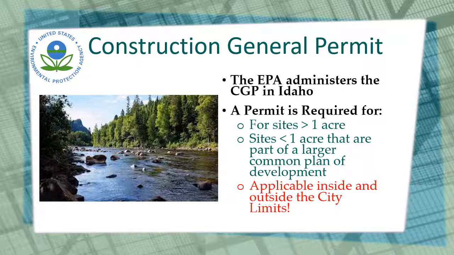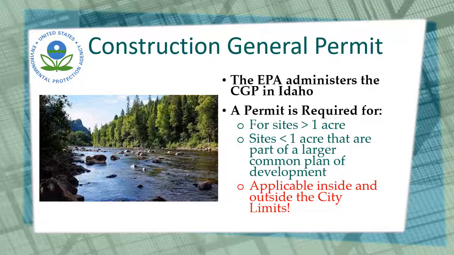As we mentioned before, the EPA's Clean Water Act includes coverage over stormwater from construction activities through the Construction General Permit. The EPA's coverage through the Construction General Permit is for any construction project that disturbs 1 acre or more.